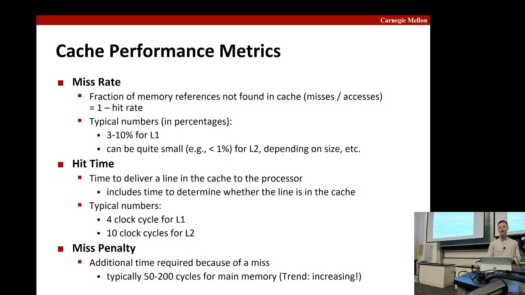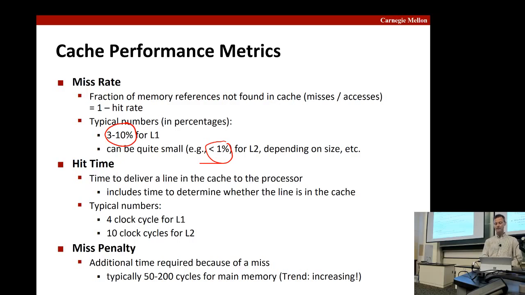Okay, so we talk about the miss rate for a cache. That's the fraction of memory references where you go to look for it in the cache and you don't find it there. So typical numbers are, for L1, it's between 3 and 10%. For L2, it can be even smaller.